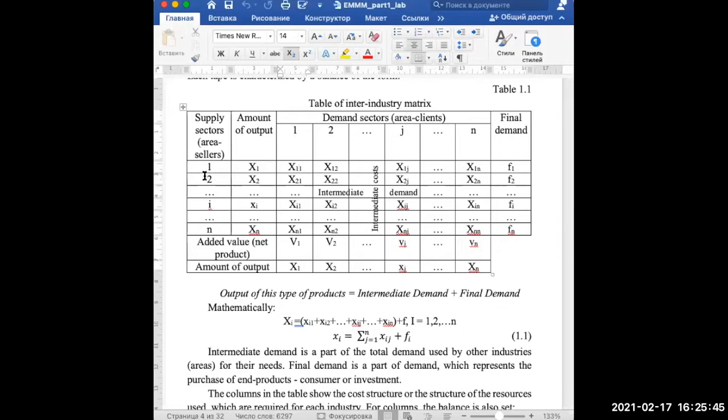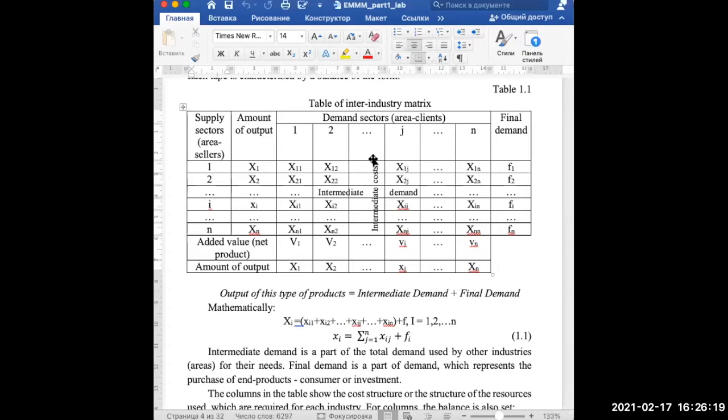If we talk about the second supplier sector, what does X2 mean? It means that all the amount of products which the second supplier can produce, this supplier can deliver to other branches and of course to the final consumers.